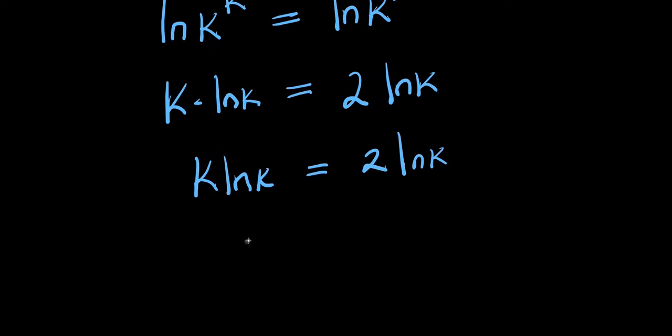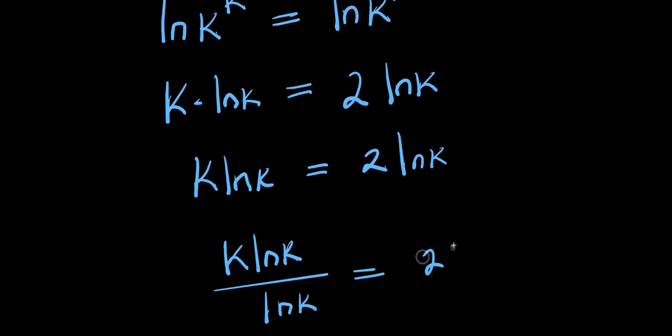We can decide to divide each part of this equation by natural log k: k times natural log k divided by natural log k equals 2 times natural log k divided by natural log k.